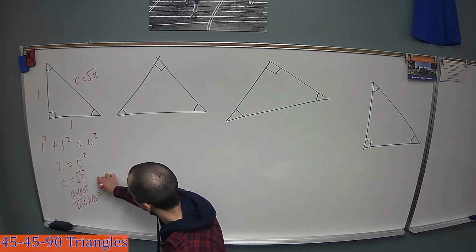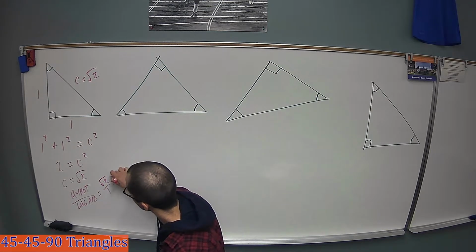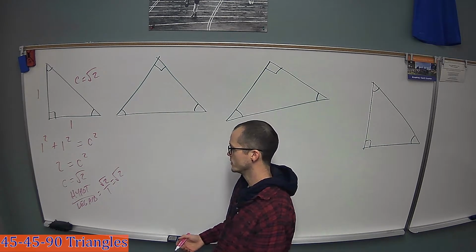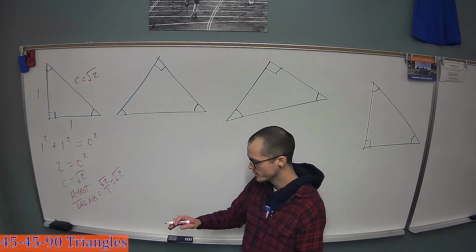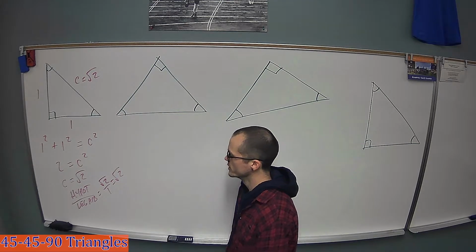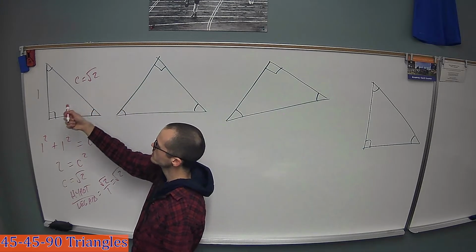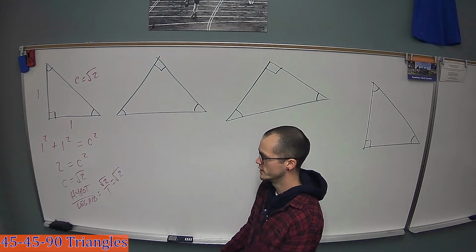What we end up seeing is that we get root 2 over 1, which is the same thing as root 2. Now, root 2 is an irrational number. It comes out to be like 1.41, and so on. Not super important right now. Root 2 is what I want you to see for the time being. So the ratio of the hypotenuse to the leg length is the square root of 2.